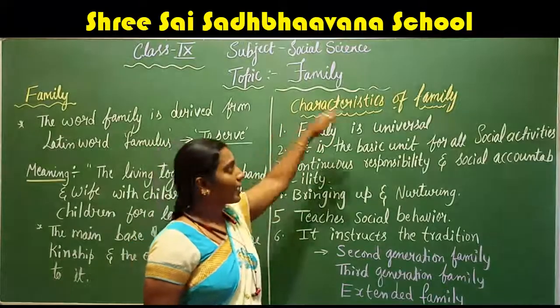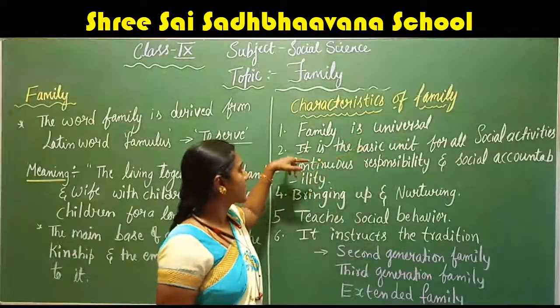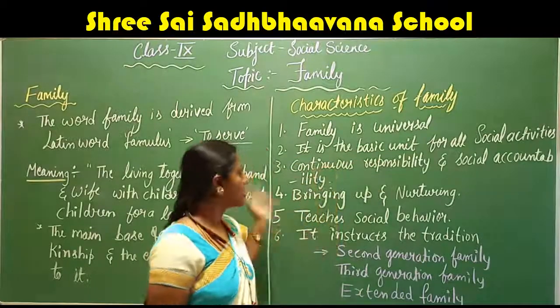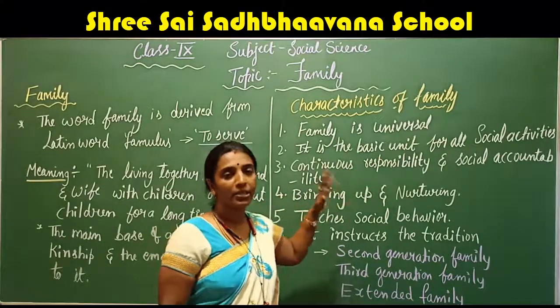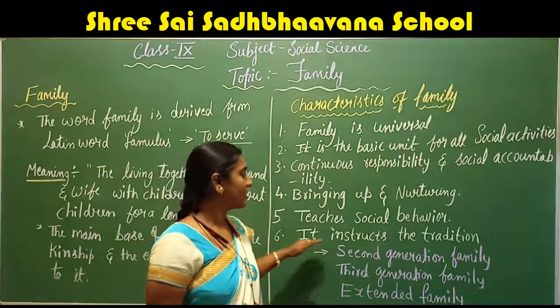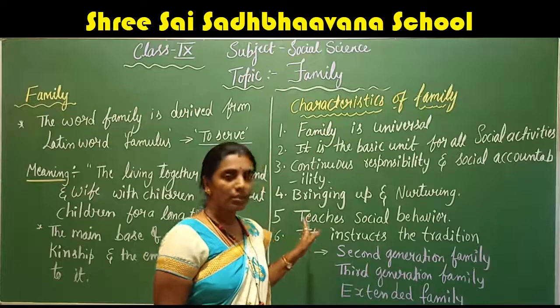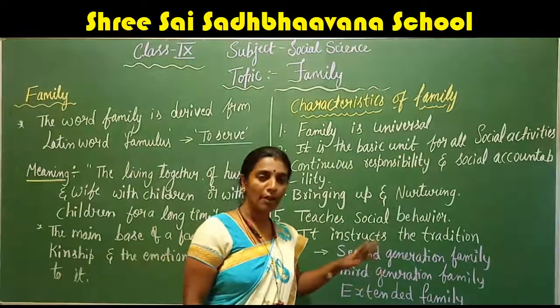When you come to characteristics of family, the first characteristic, family is universal, and the second, it is the basic unit for all the social activities, continuous responsibility and social accountability, bringing up and nurturing, and teaching social behavior. The last one, it instructs the tradition how to behave. So the family may be a second generation family, third generation family, or extended family.